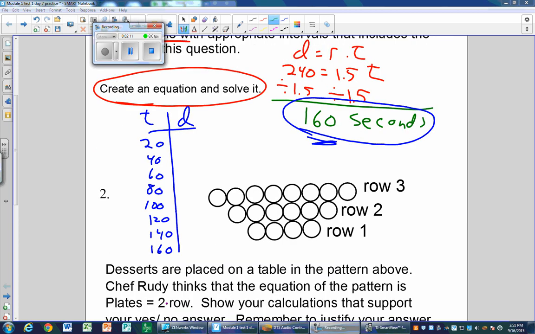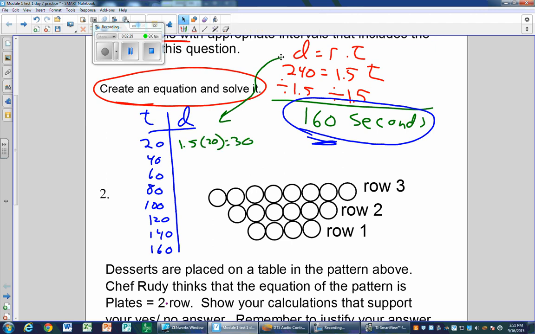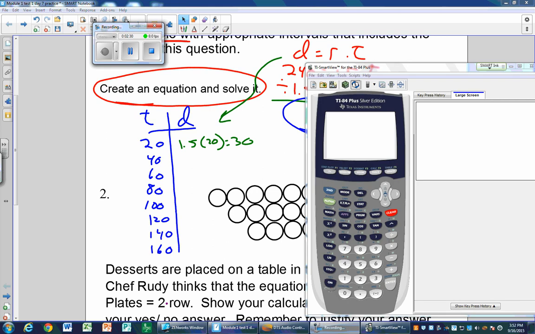Now, if I like to do calculations, I can take this distance equals rate times time formula. Let's do rate times time instead of time times rate. 1.5 times 20 is 30. But if I want to do it quick, I grab my calculator and let it do the calculations for me by hitting the y equals key.